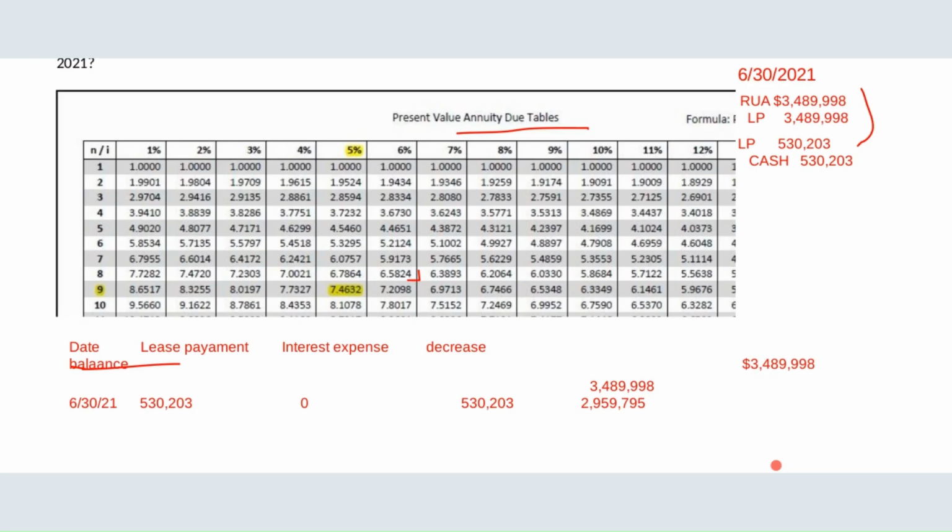I get 177,588. So this is going to decrease my outstanding loan balance by 352,615. So my new balance is 2,959,795 minus that, which is 2,607,180.